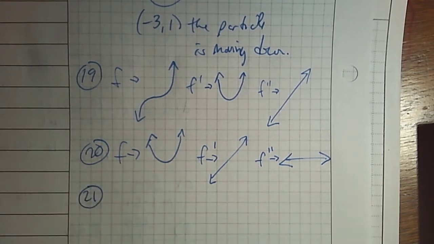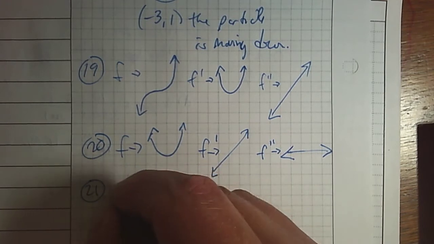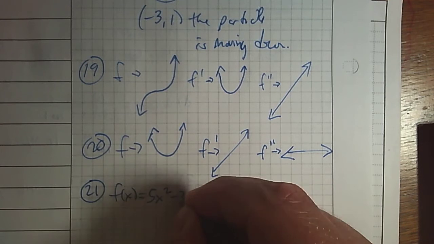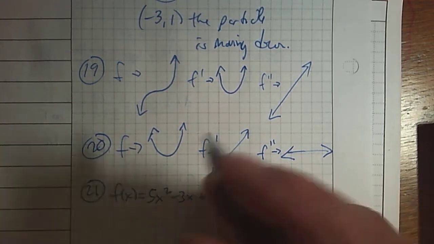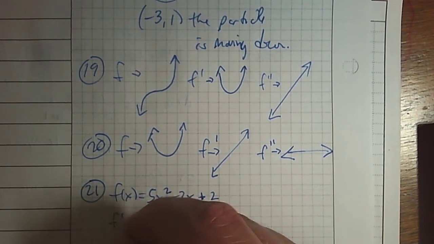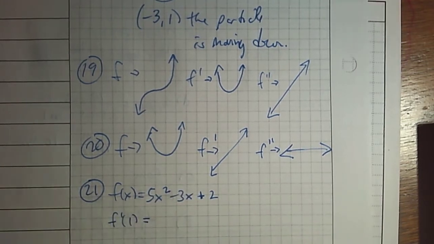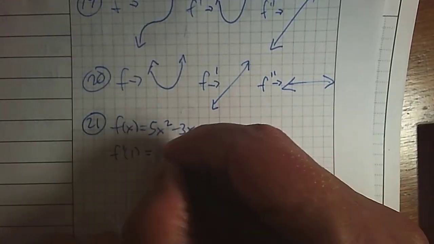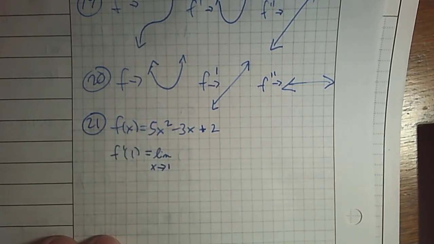21. It says, if f of x equals 5x squared, subtract 3x plus 2, find the derivative at 1. It says, use the alternate form to find that using limits. Now, I normally wouldn't use limits for this, but we're practicing so we don't forget this. So if we're finding it at an x value, x approaches 1. This is what we're going to do.